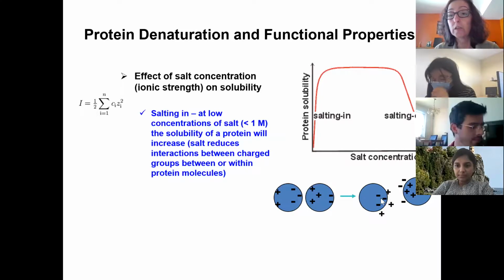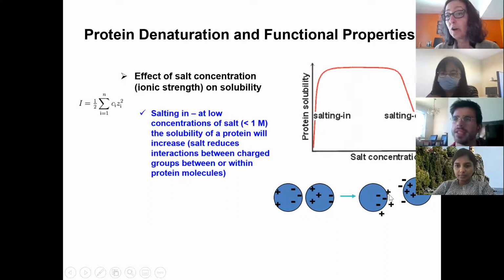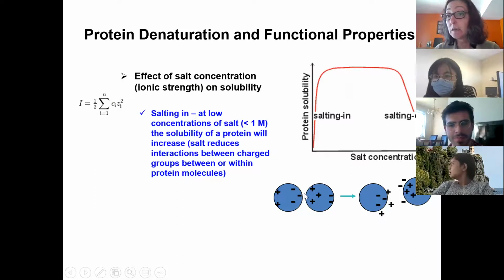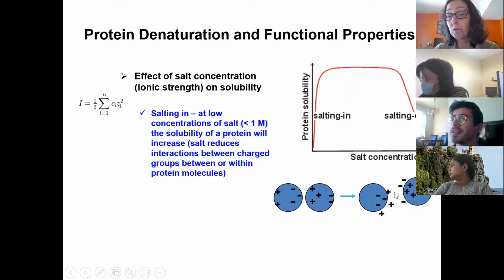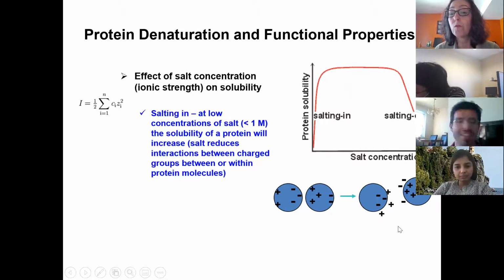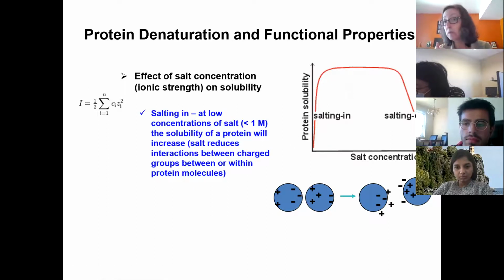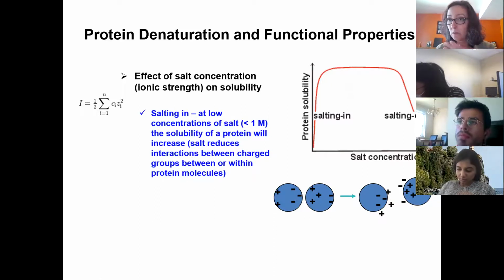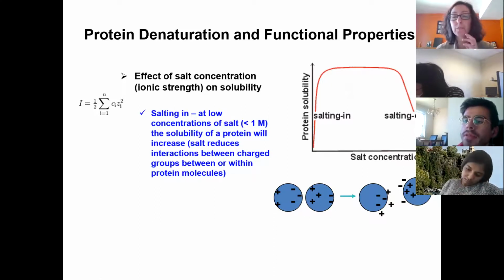A little bit of salt adds a charge to the protein, maybe preventing electrostatic interactions between proteins. If you have some salt, you have more water interaction with the protein rather than protein-protein interactions. So, salting in. That is applicable in beverages where they add phosphates, for example, to enhance stability and solubility of the protein in the beverage.